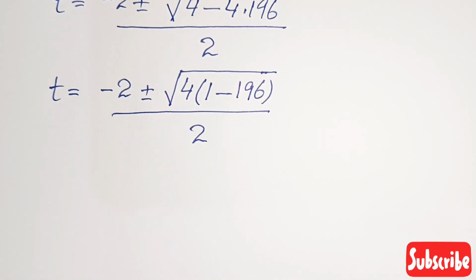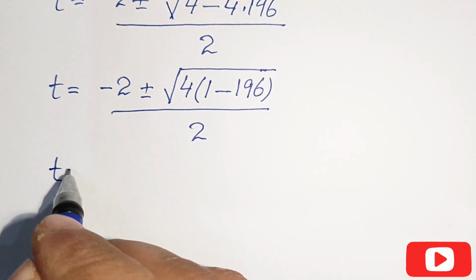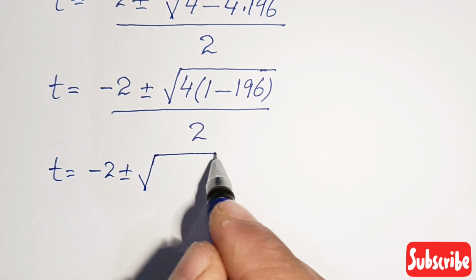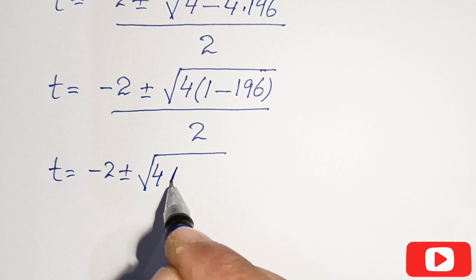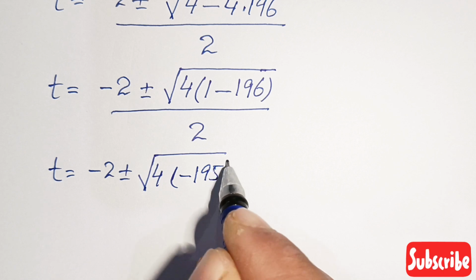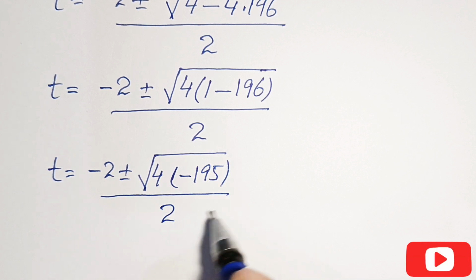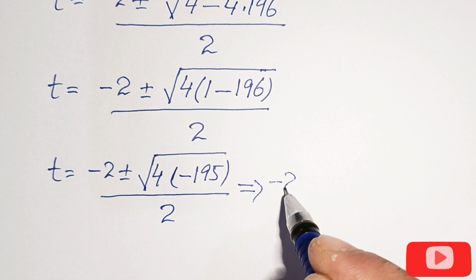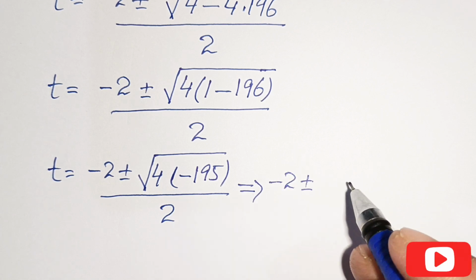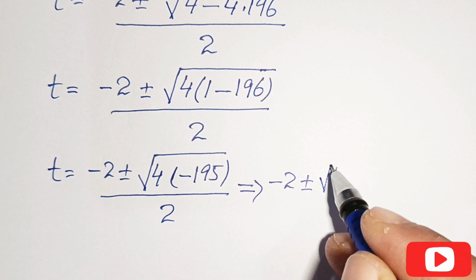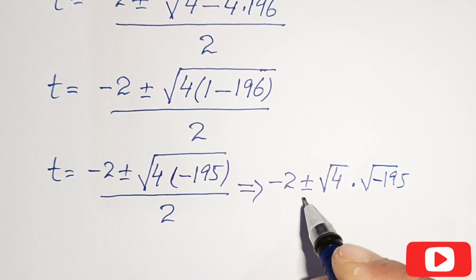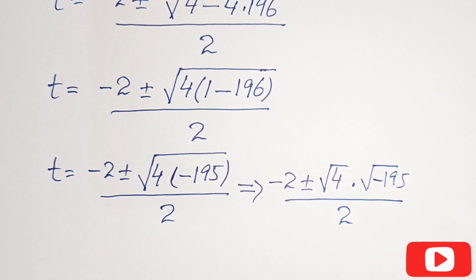So our next step will be t is equal to minus 2 plus minus square root of 4 times, here we have 1 minus 196 is minus 195, all over 2. It can also be written as minus 2 plus minus, if we just write separately these two terms, we get square root of 4 times square root of minus 195 all over 2.